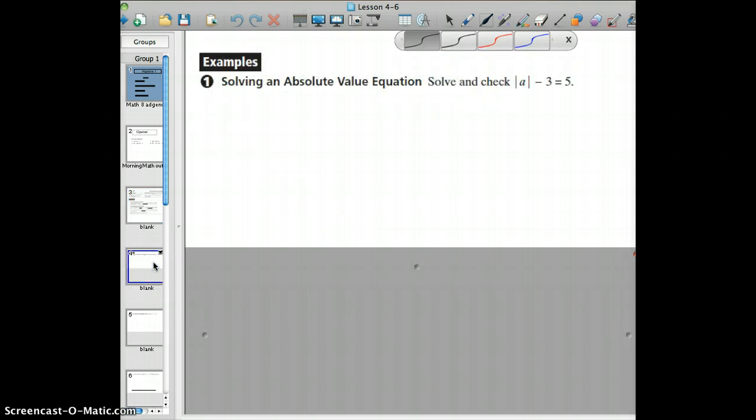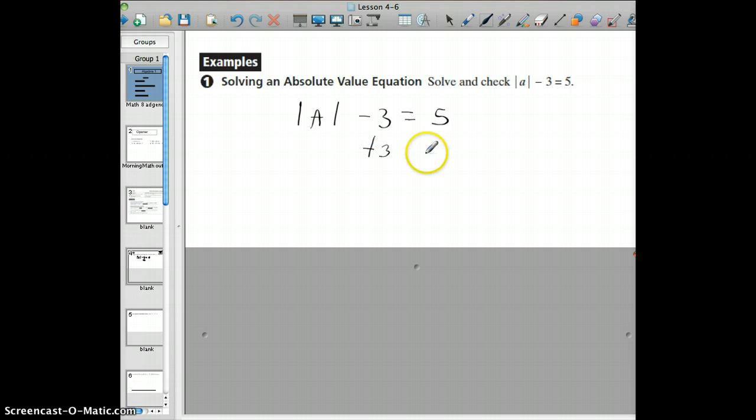In this case, the absolute value is not isolated. So we have to get rid of the minus 3, and we can undo subtracting 3 by adding 3 to both sides. We're then left with the absolute value of A is equal to 8.